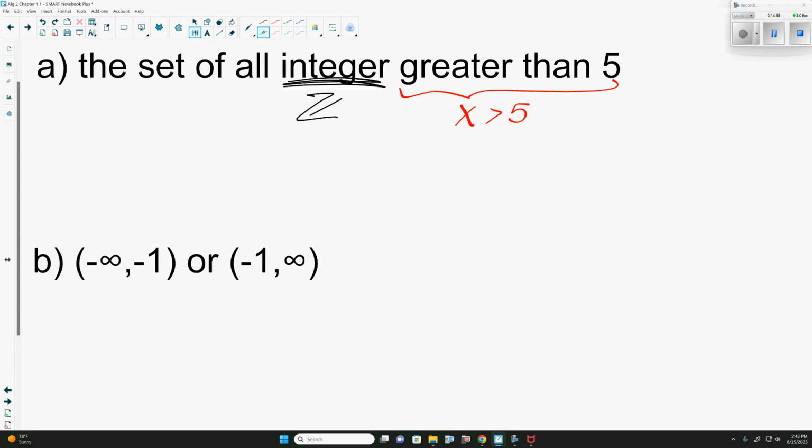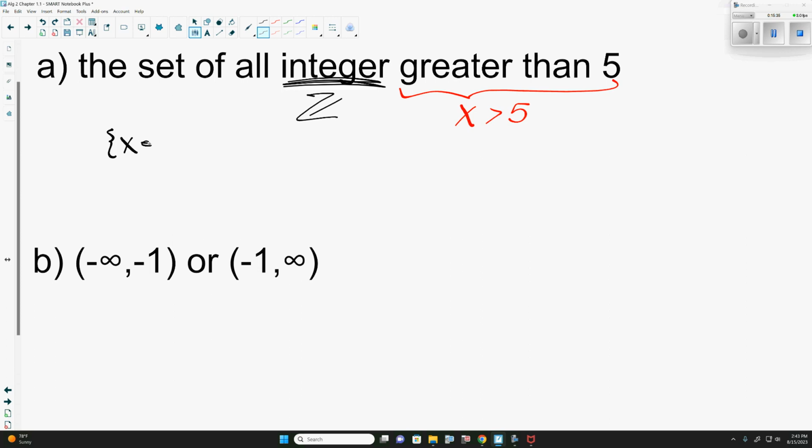So the first thing we can do in writing this in set builder notation is our brace. x. So we would use the line, and there's a way to do it. I'm going to show you one way first, because again, we're not talking about real numbers, we're talking about integers, yes? There is a special symbol that we can use. It looks like an E. This here means element. So x is an element of what?